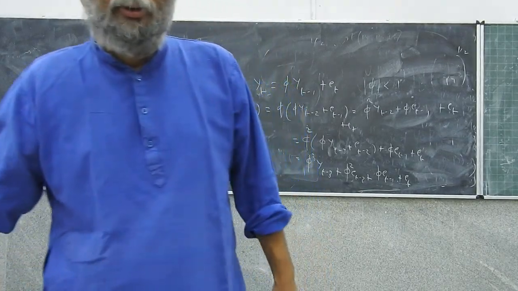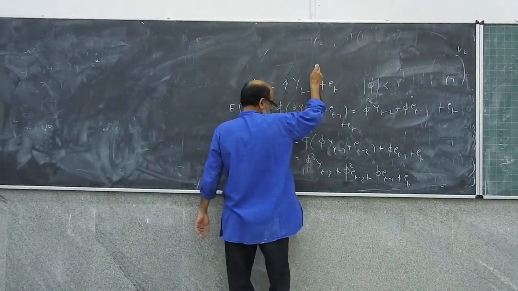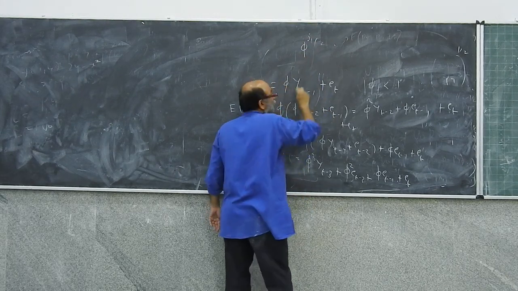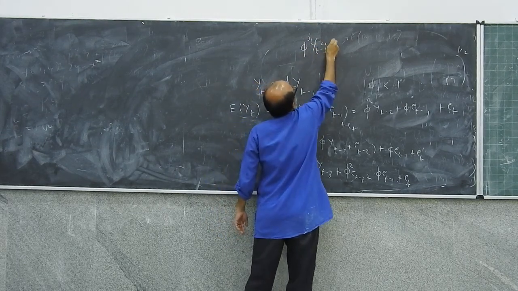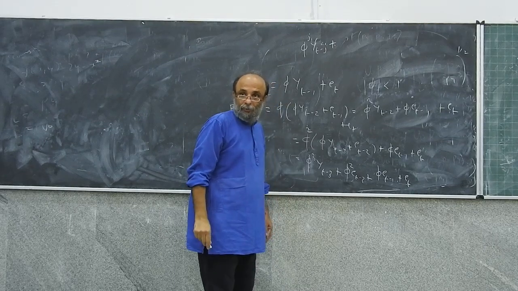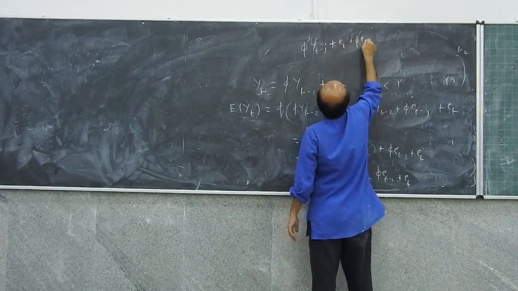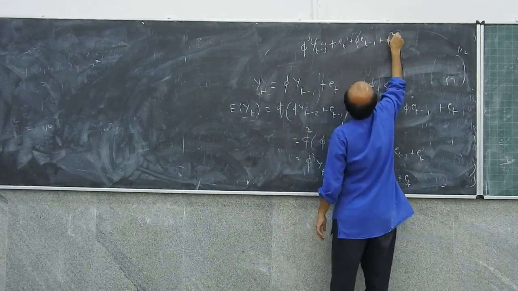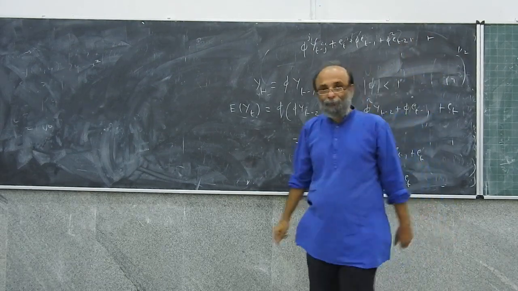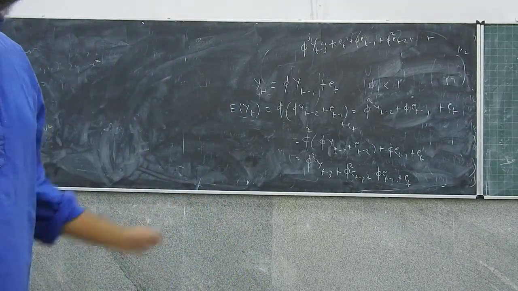Sure? If you do this j times, what will you get? Phi to the j, y_{t-j}, plus so on.